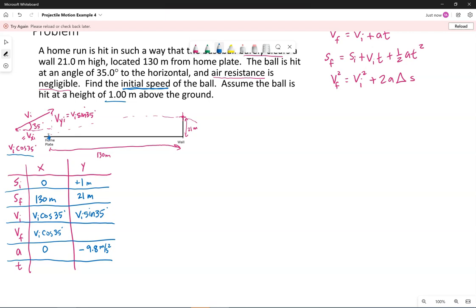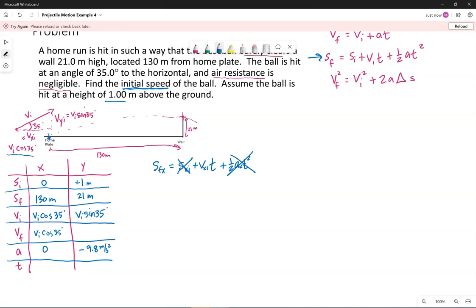So for example, in the x direction, we have found that just the middle equation is what ends up being useful. So for the x direction, let me write it this way first. The final x position is equal to the initial x position plus Vx initial t plus 1/2 ax t squared. But again, because there's no acceleration in the x direction specifically, that third term is gone.